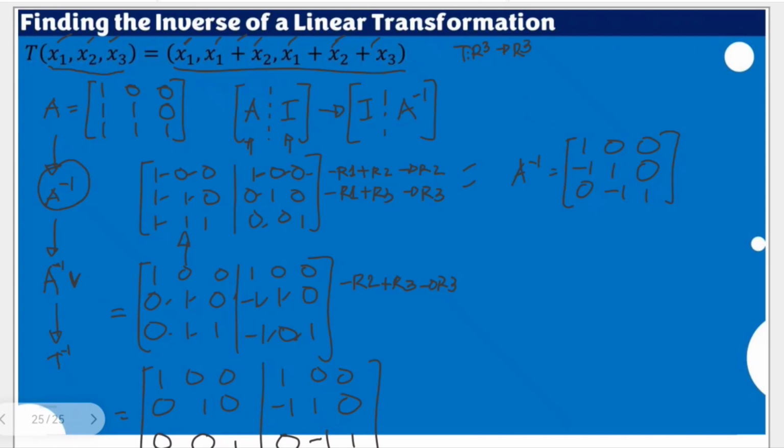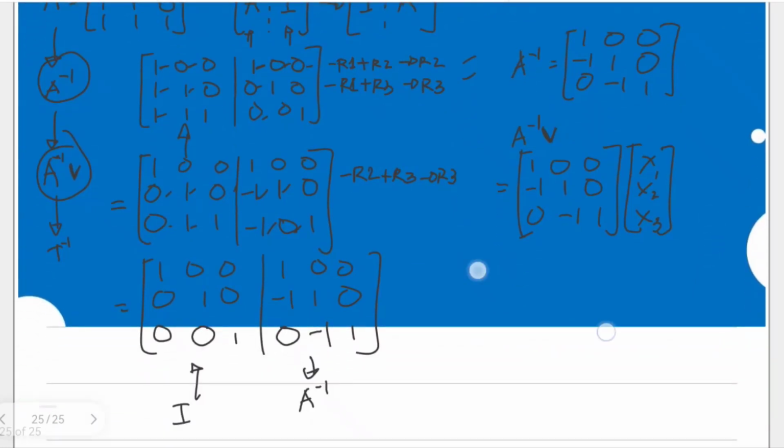Now with that, we're going to proceed to this step, multiplying the inverse with a certain vector, but that vector is with these components. So you will have here 1, 0, 0, negative 1, 1, 0, 0, negative 1, 1, to be multiplied with x sub 1, x sub 2, x sub 3, the components here. So when you multiply that, you will have these entries.